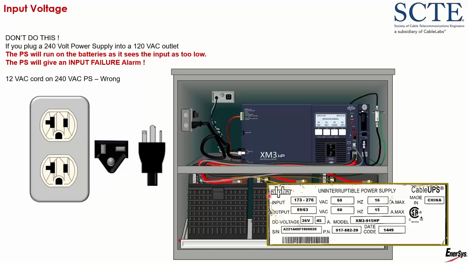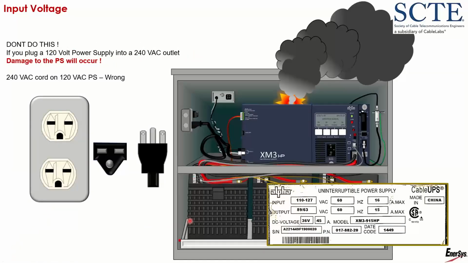And eventually this power supply in this case is going to run on the batteries till it draws them down to what we call end of discharge. The good thing is I've never seen a 240 volt power supply plugged into a 120 volt outlet get damaged. Okay, so if you do that, at least the power supply doesn't get damaged.